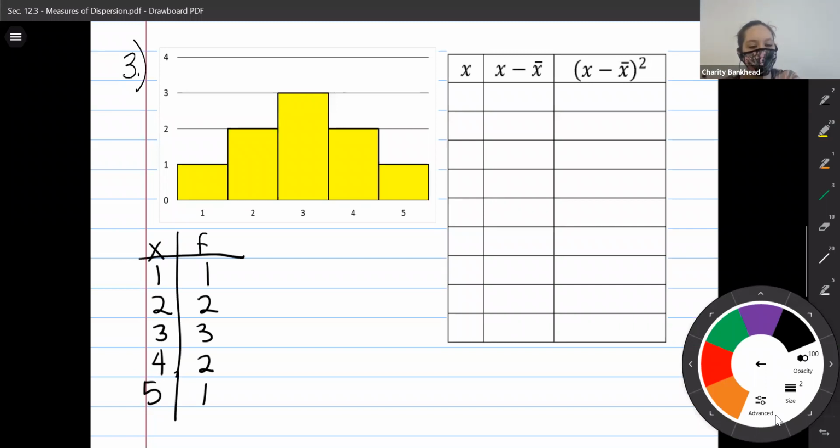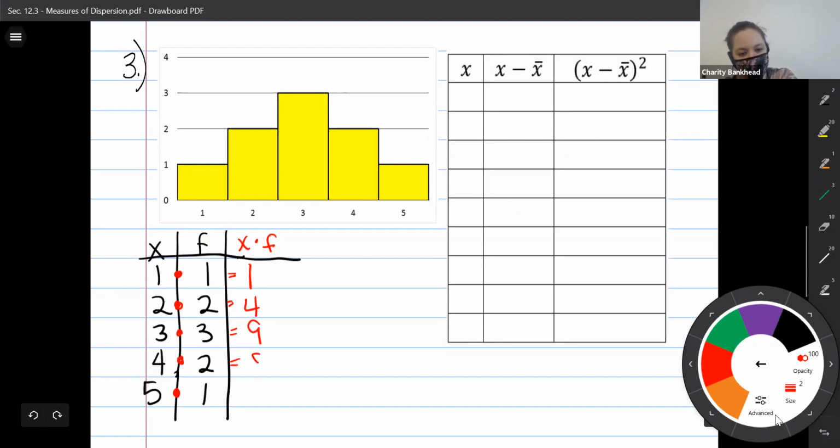All right, so let's calculate the mean by doing x times frequency. So multiply across. So 1 times 1 is 1, 2 times 2 is 4, 3 times 3 is 9, 4 times 2 is 8, 5 times 1 is 5.